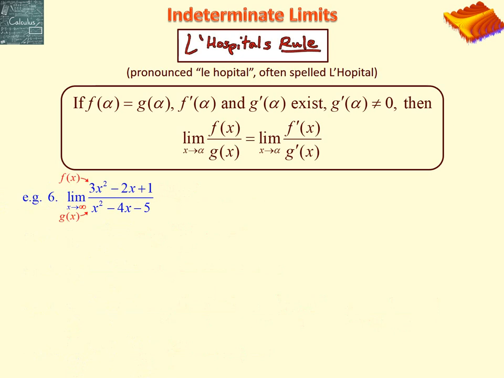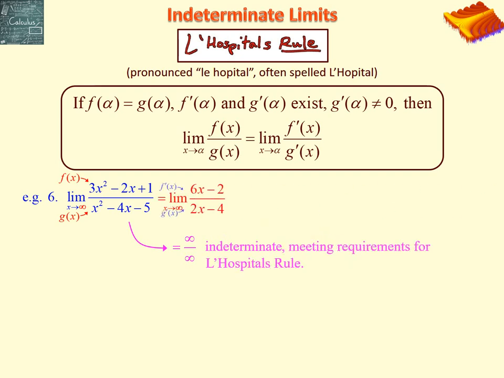Here's a limit going to infinity. Now if I substitute infinity into top and bottom, I end up with infinity over infinity. But I can differentiate top and bottom and keep going on the limit. So therefore I have that now. Derivative of the top, 6x minus 2. Derivative of the bottom, 2x minus 4.